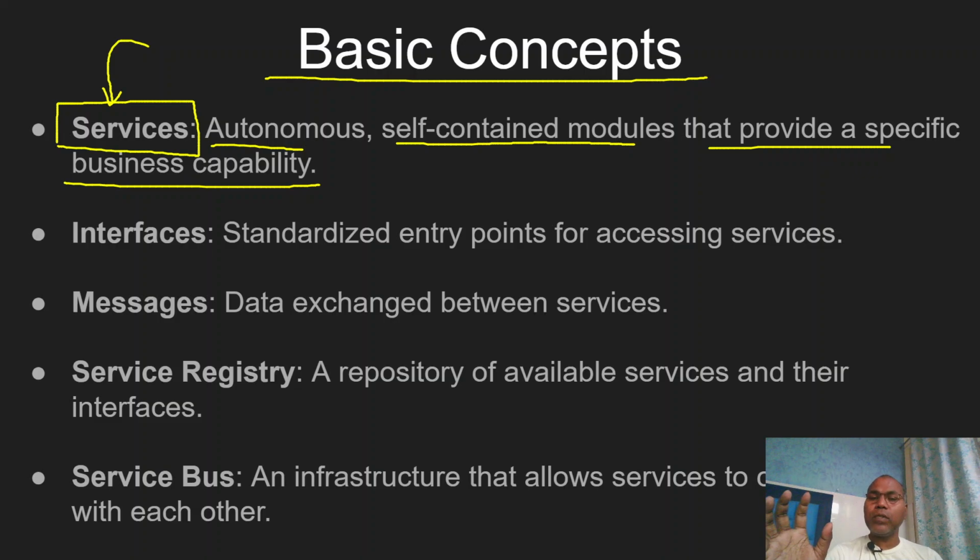One service provides one business capability, and services communicate through a standard interface. SOAP is one standard protocol through which generally all service oriented architecture services communicate with each other.